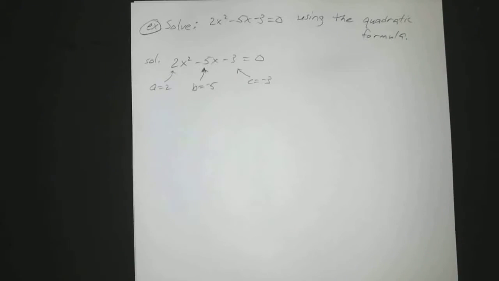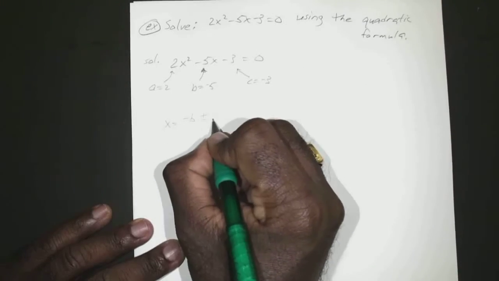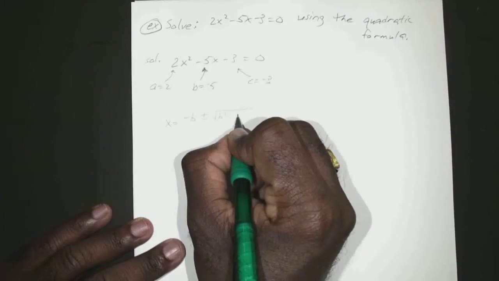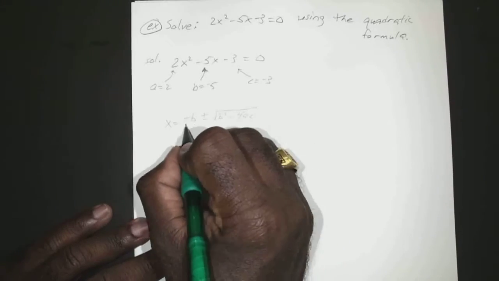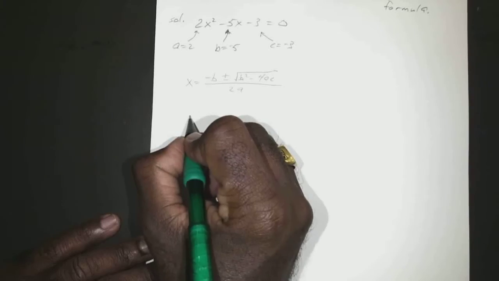Okay. So using our formula, x equals negative b plus or minus the square root of b squared minus 4ac all over 2a, we just plug it in.